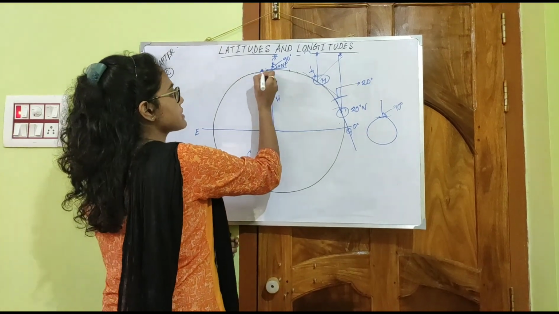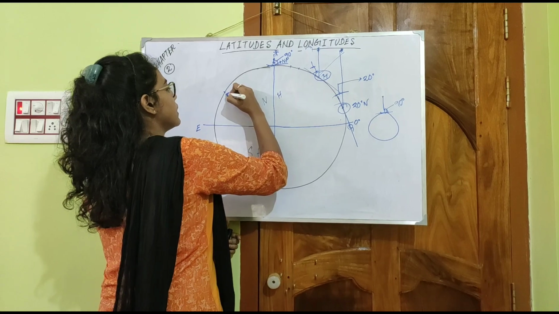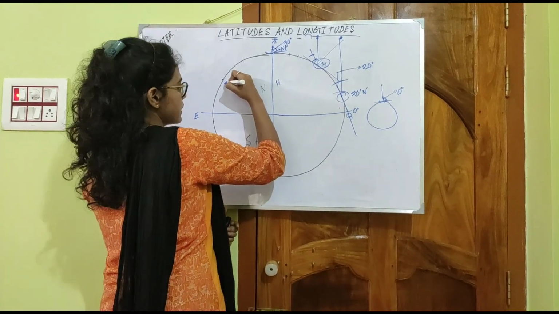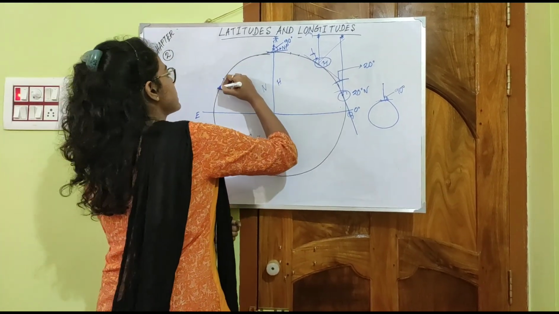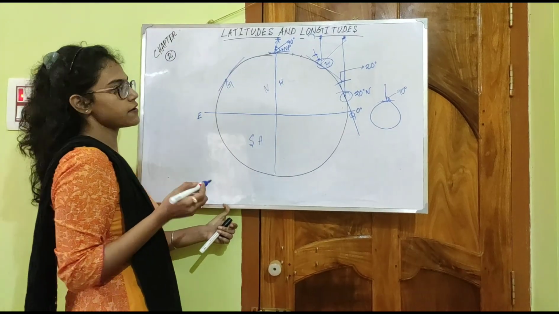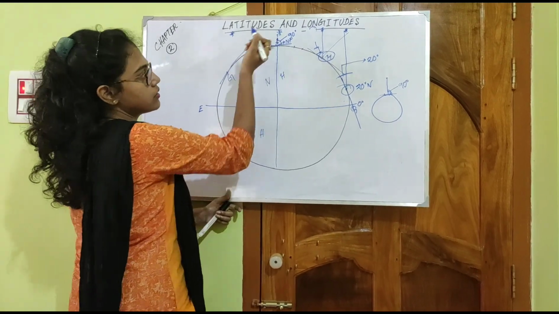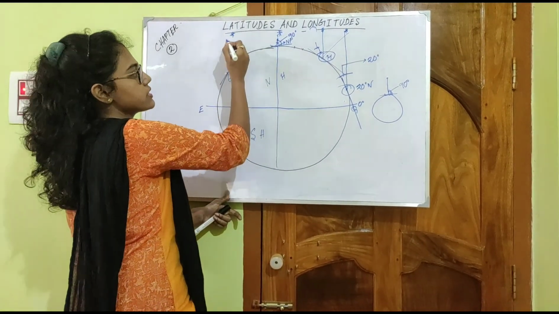In the same way, if I take a place here, suppose the place G, and this is the horizon line touching the surface of our earth, and the north pole star is here.